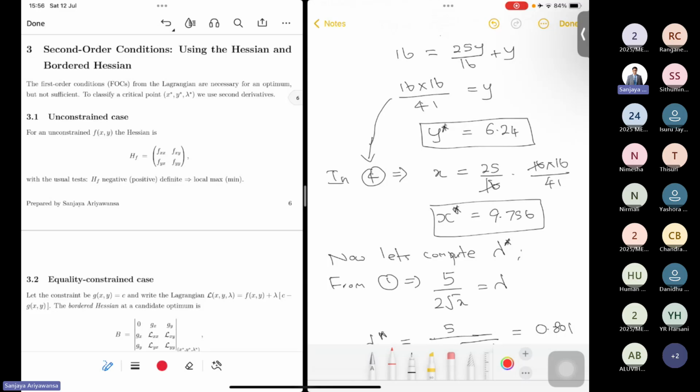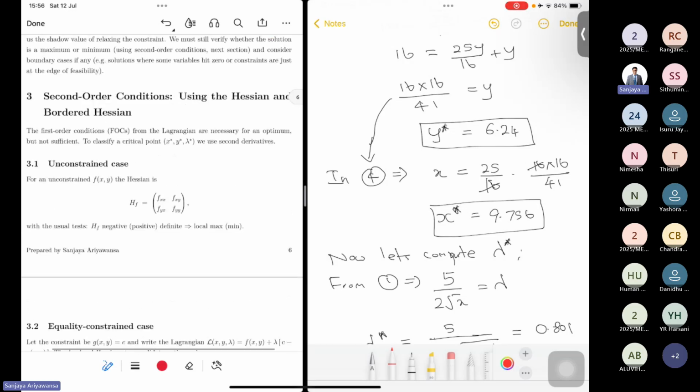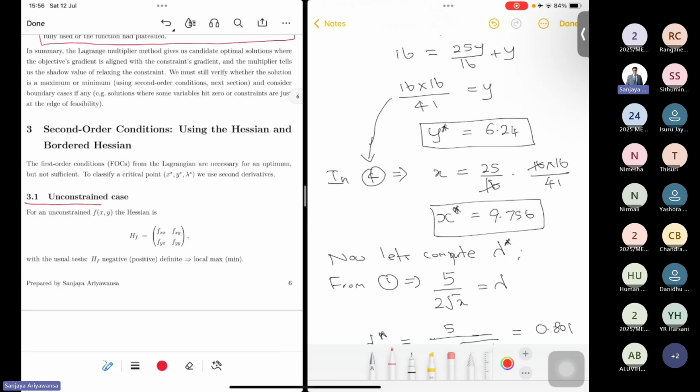Right. Now, under second order conditions, if we were to look at the unconstrained case, we use the Hessian matrix. I think I've talked about this before.